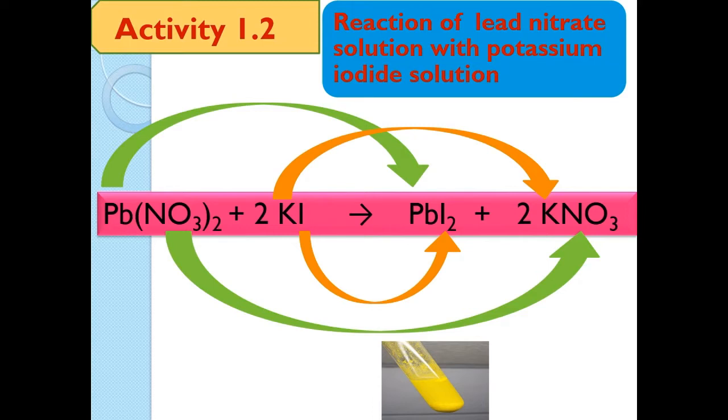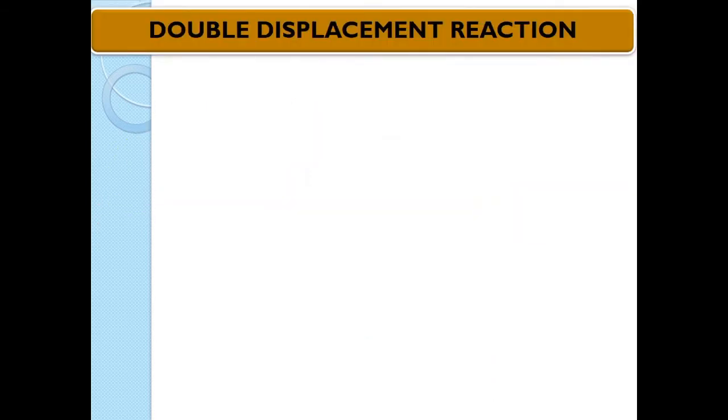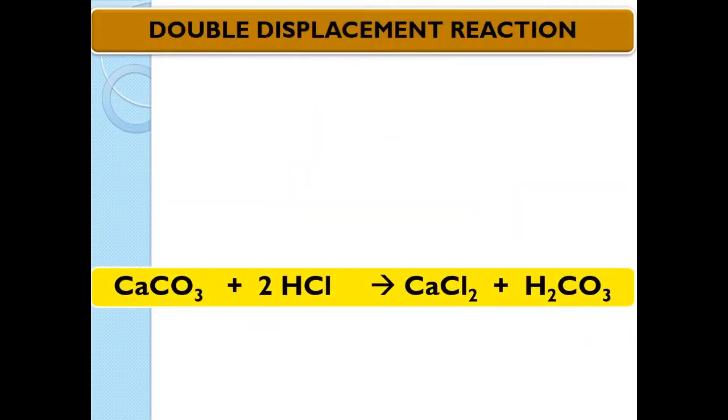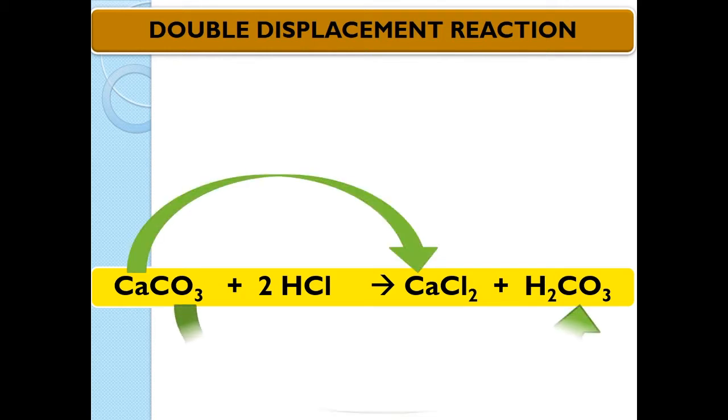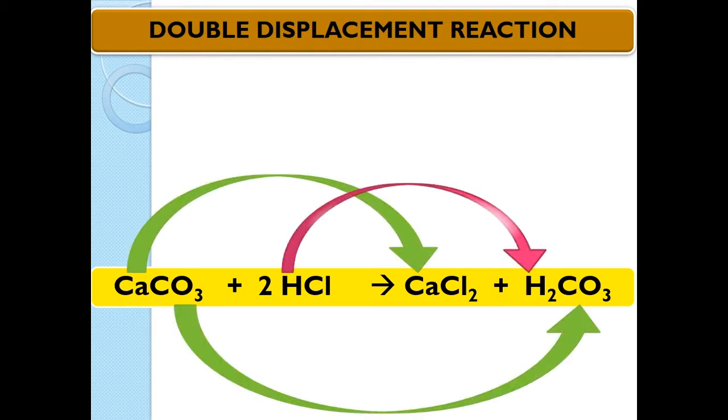Hence, it is double displacement reaction. One more example of double displacement reaction between calcium carbonate and hydrochloric acid to form calcium chloride and carbonic acid. Again, you see mutual exchange of ions. This is double displacement reaction.